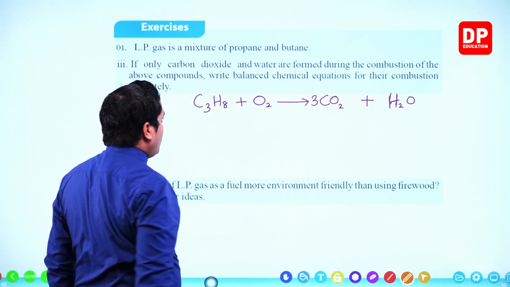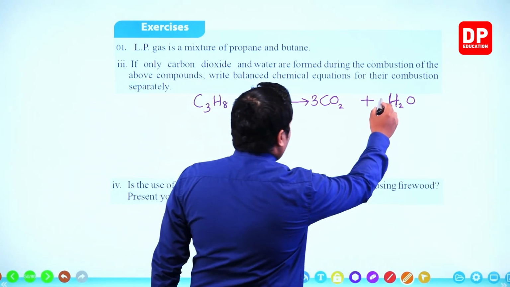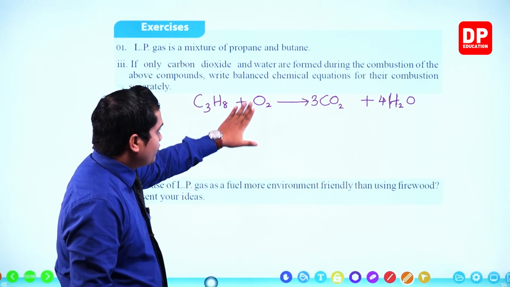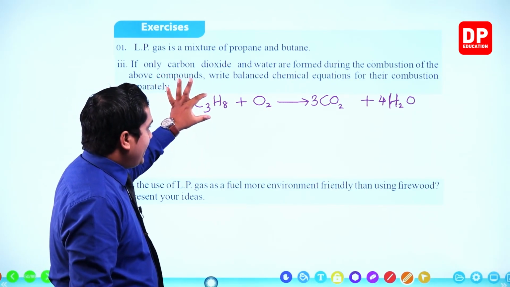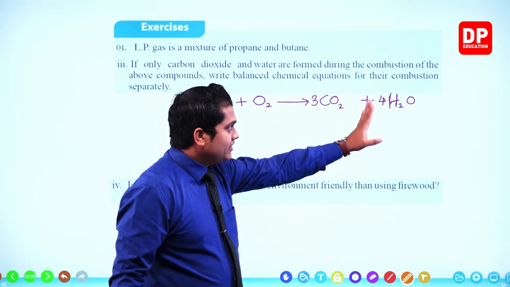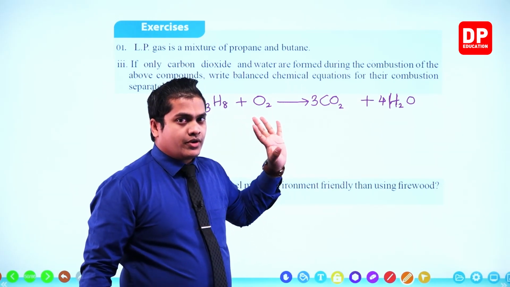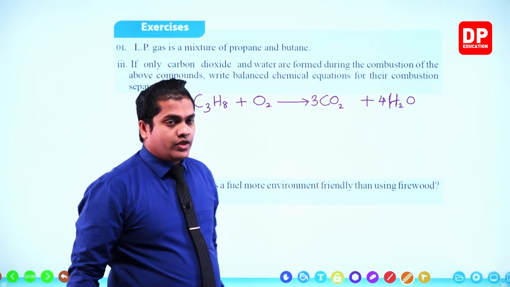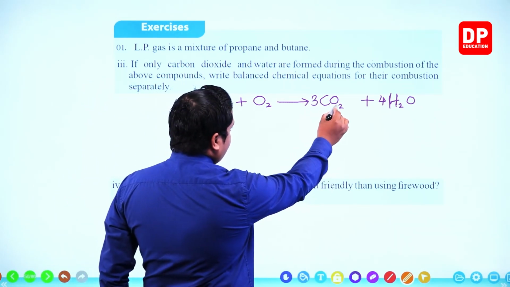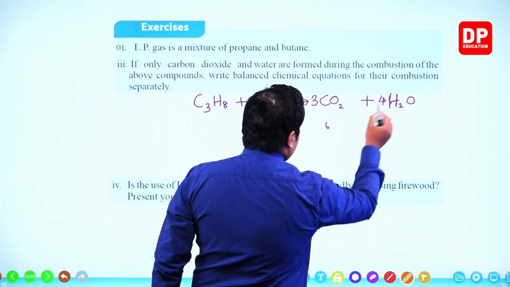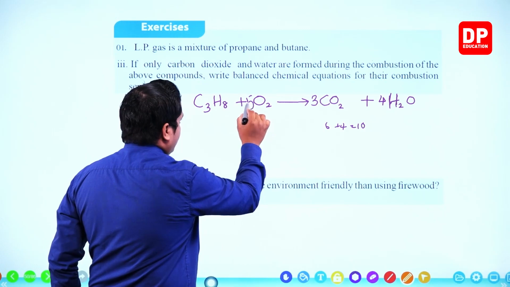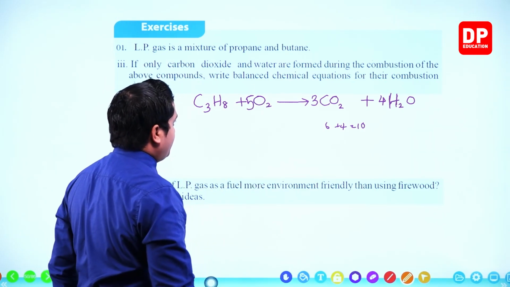Now, there are 2 hydrogen atoms in water, so in order to make 8 hydrogen atoms, we have to put 4, because 4 times 2 is 8. Right. Now, let's count the oxygen. 3 times 2, 6 plus 4. Altogether there are now 10. So, you have to put 5 over here.